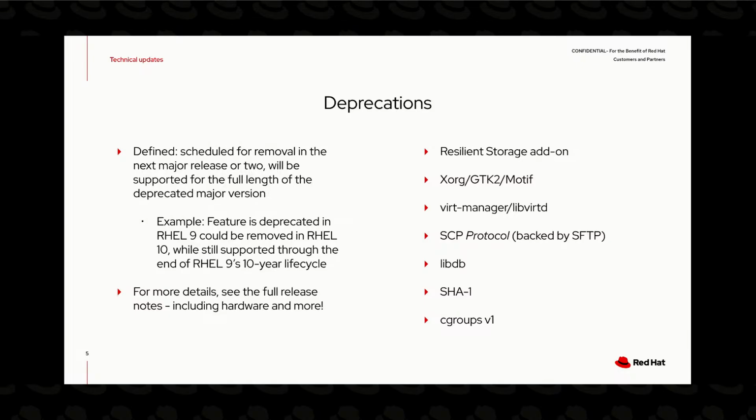cgroups v1. So cgroups is control groups. It's how we can limit the machine resources available to processes. So we started this in RHEL 7, but in RHEL 9, we moved to make cgroup 2 the default mechanism for this. In RHEL 8, cgroup 1 was the default and cgroup 2 was an option. And in 9, cgroup 2 is the default and cgroup 1 is an option.